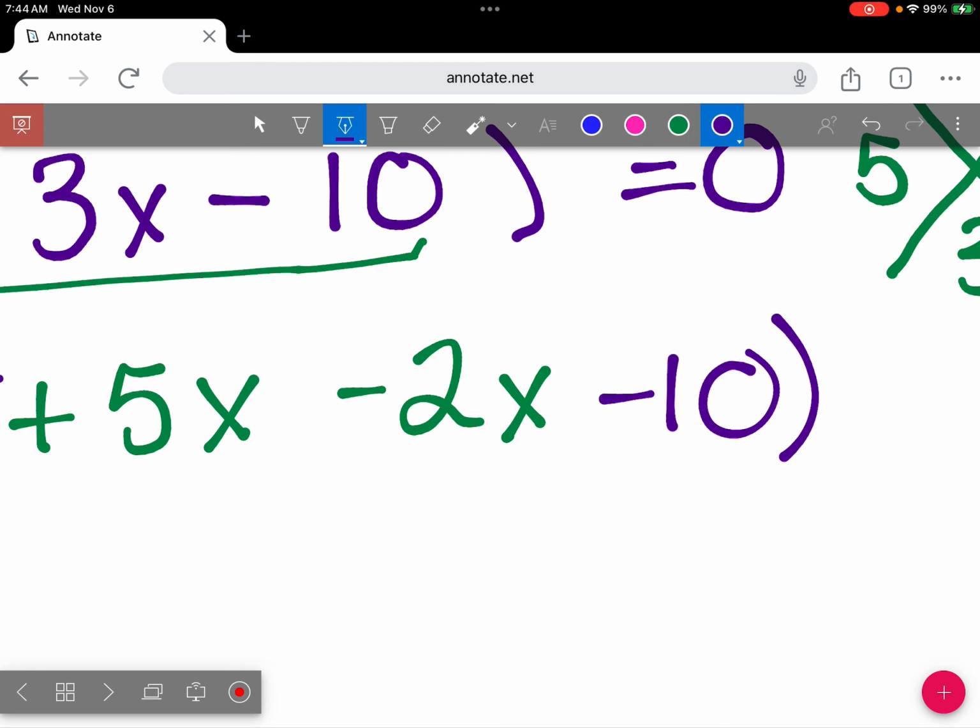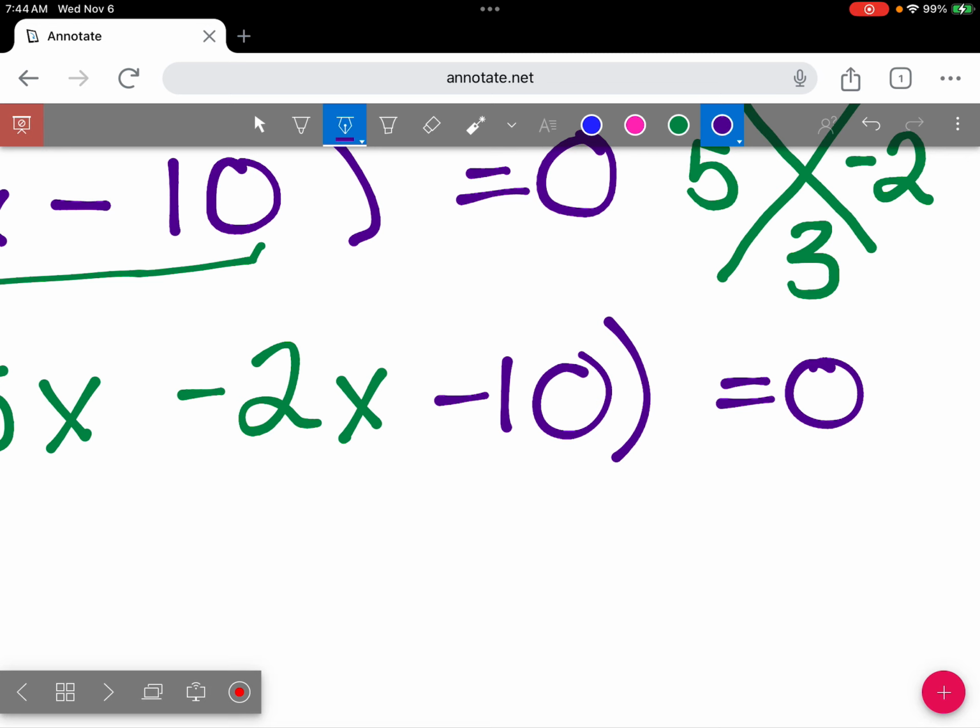Minus 10, equals 0. And again, if you are someone who much prefers the box or is more comfortable with the box, do the box.